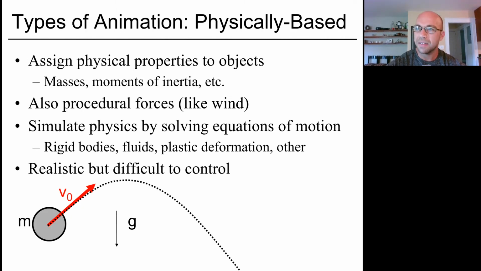A different type of animation, which is extremely popular, especially among MIT students, is physically based animation. This actually tries to bridge between the animated universe and the physical universe that we all know and love. So maybe we assign physical properties to the objects in our 3D scene, and then we solve Newton's laws, like F = ma, and use the solution to those equations as our animated content.